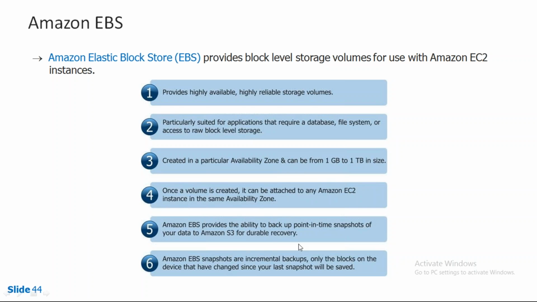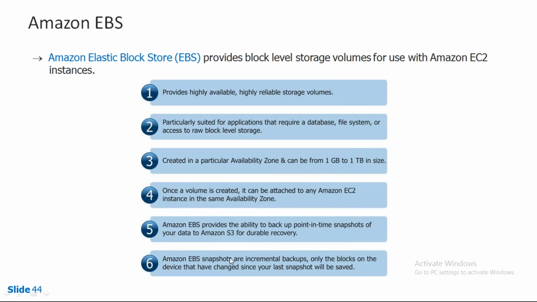So a point-in-time snapshot of your data goes to Amazon S3 for durable recovery. Whenever you want, you can just recover it. The snapshots are also charged and stored in S3. Everything is charged in Amazon, but it is very cheap. That's what makes Amazon very flexible.